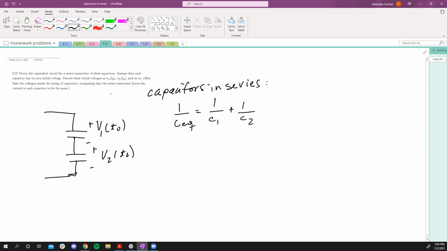Okay, so and we know that by KVL that the total voltage is the sum. The total voltage in a closed circuit is the sum of the voltage drops, right? So V1 plus V2.